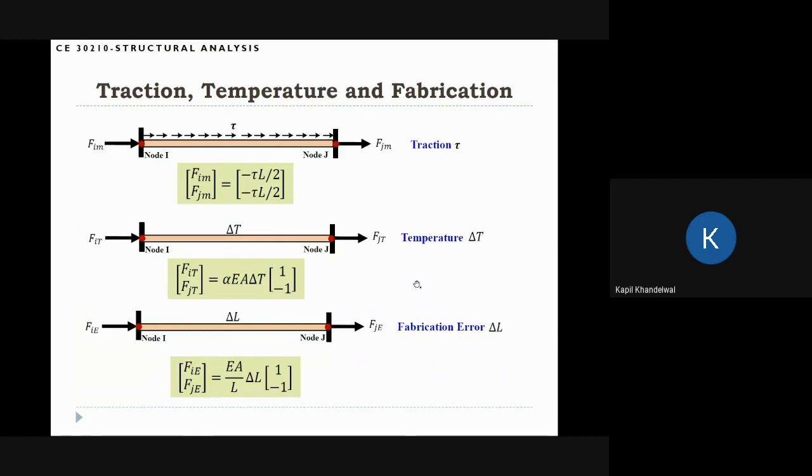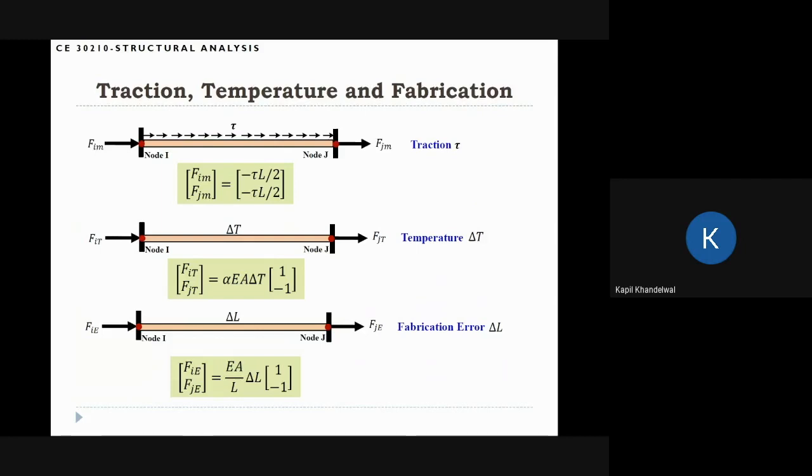And we have similarly considered a case of the fabrication error. And the idea of fabrication error is that the member was either created too long, in which case delta L is positive, or too short, in which case delta L is negative. So depending on if it's too long or too short, these are the fixed end forces.